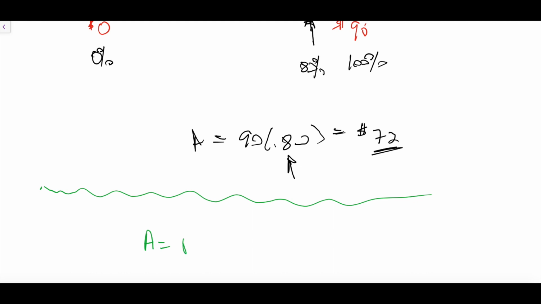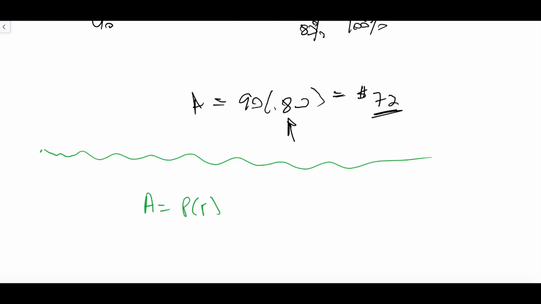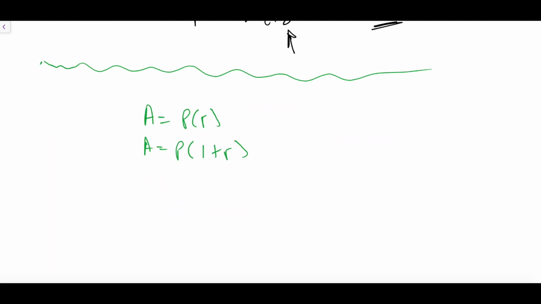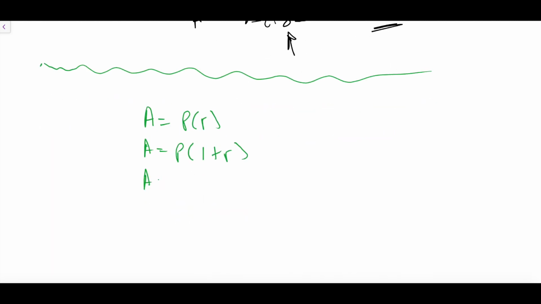It's just if you're increasing, you now have a new formula, A equals P times the quantity of 1 plus R. And if you want to do decrease, A equals P times the quantity of 1 minus R. That's it. If you know these, you can get every single percentage question right that they could possibly throw at you.